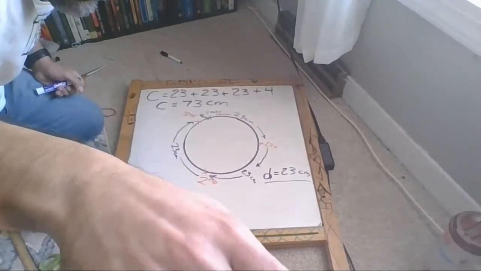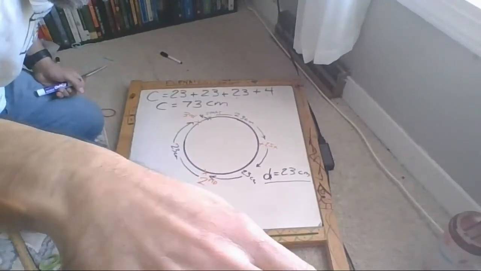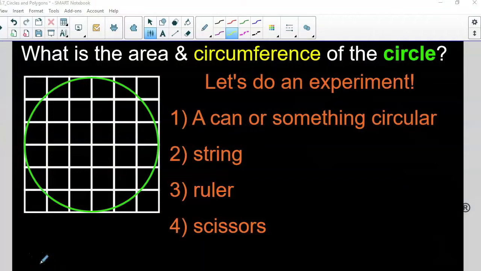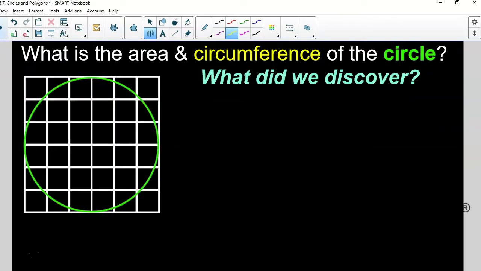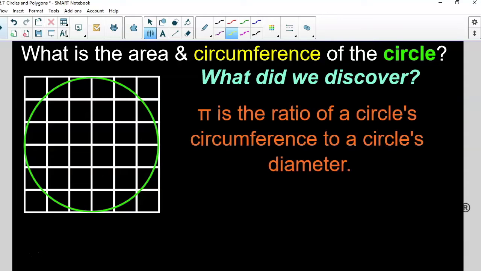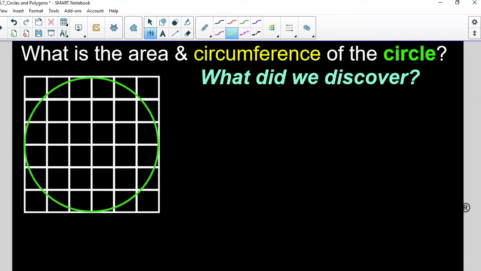All right? Now, what does that have to do with pi? Well, it has a whole lot to do with pi, okay? Because what we're dealing with is basically a ratio. Now, what did we discover? Let's not go too fast, let's back it up a little bit.